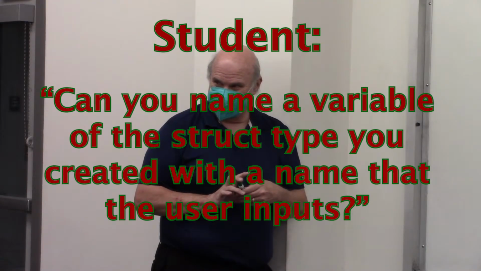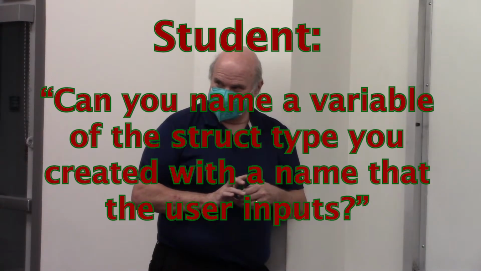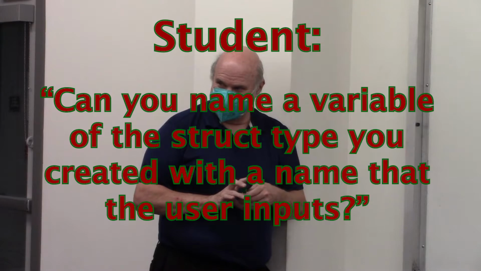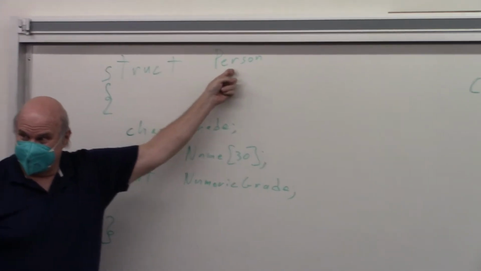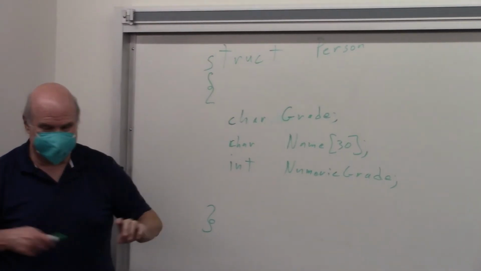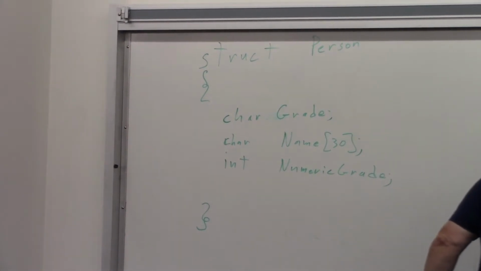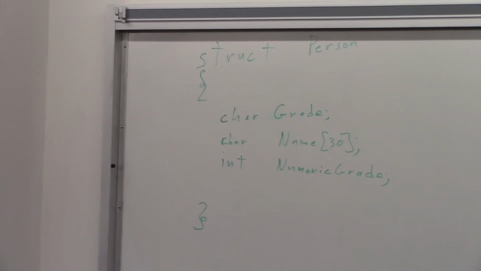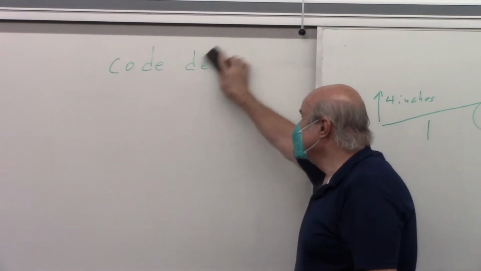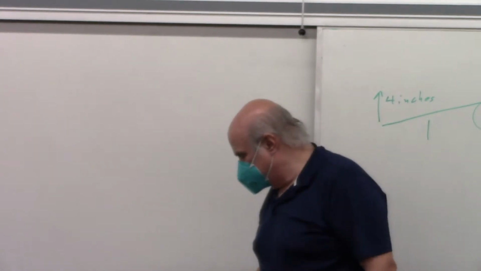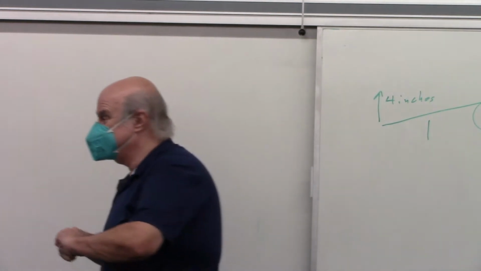Right. So then, can you have a name input by the user and then name the variable with it, like in one line? You mean this? Input by the user? No, the name of the variable you want. That's what code debt is, by the way, is when somebody's going to have to go back and fix it, and you know it. Code debt is almost never removed. It's very sad in our industry.